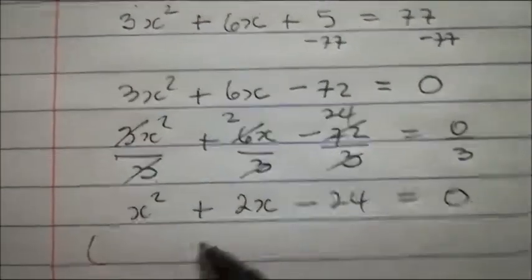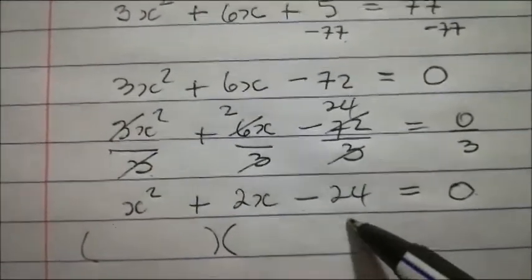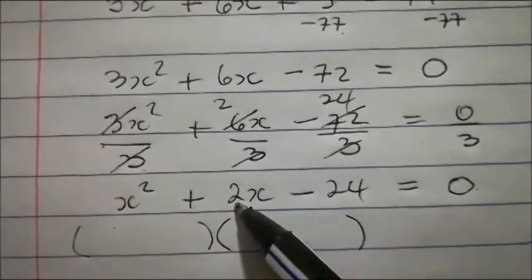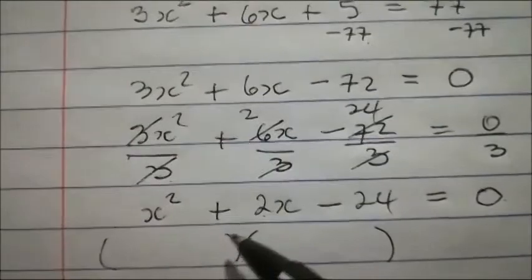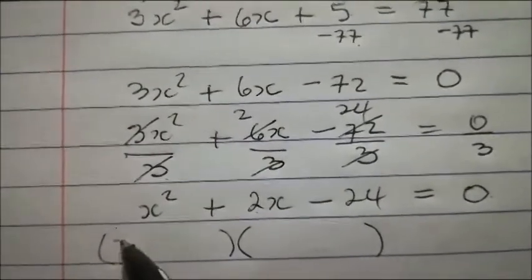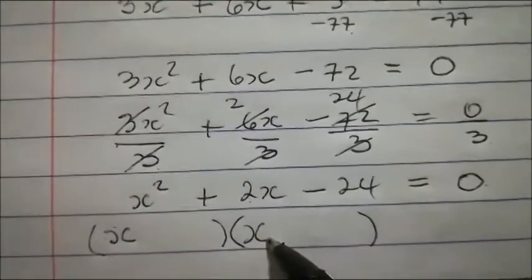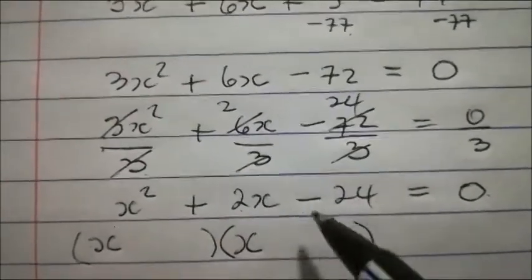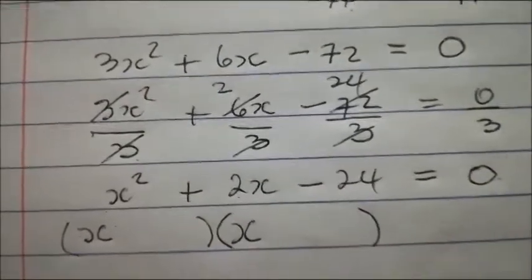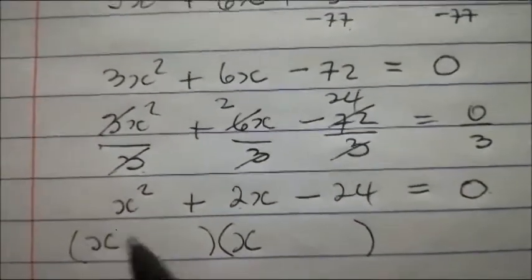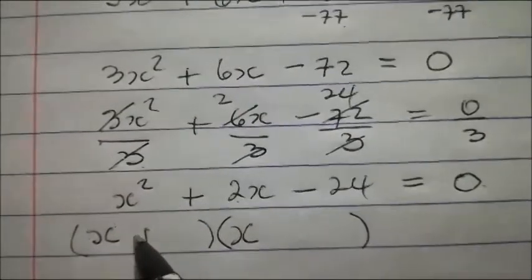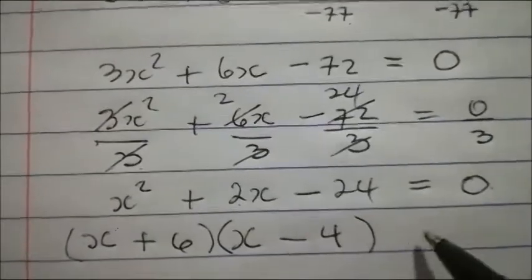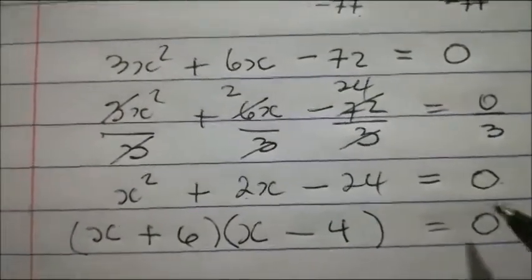So let's look for two numbers now that will give us the positive coefficient of 2. When these two numbers are added together, you're going to get 2, right? We bring down one x here and another x here. But we're looking for numbers that when you add them together, you're going to get 2, and you're going to get a negative 24 when you multiply them together. All right? It looks as if we're going to have a positive 6 and a negative 4, and that is still going to be equal to 0.